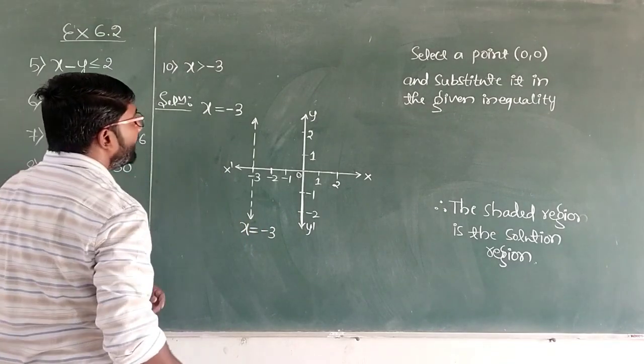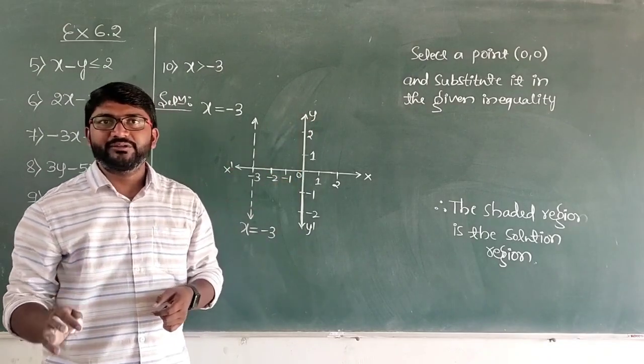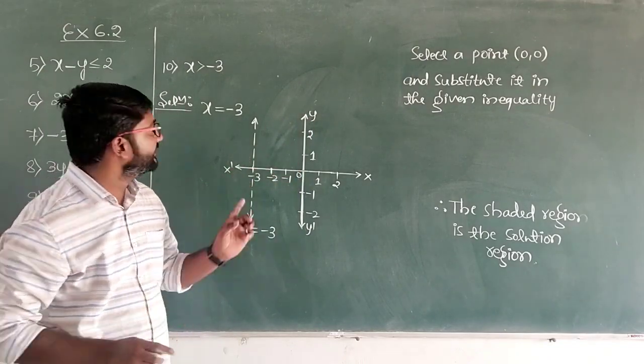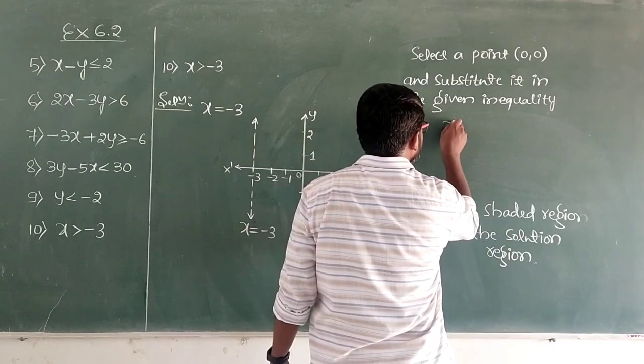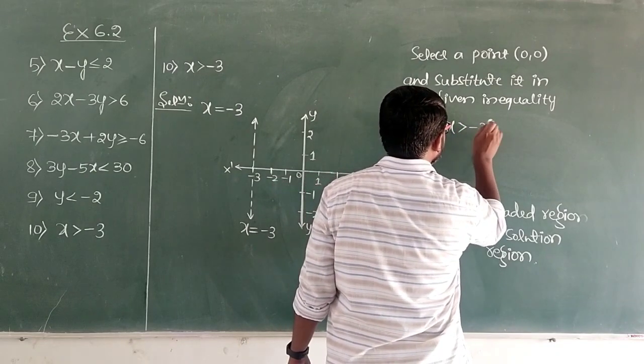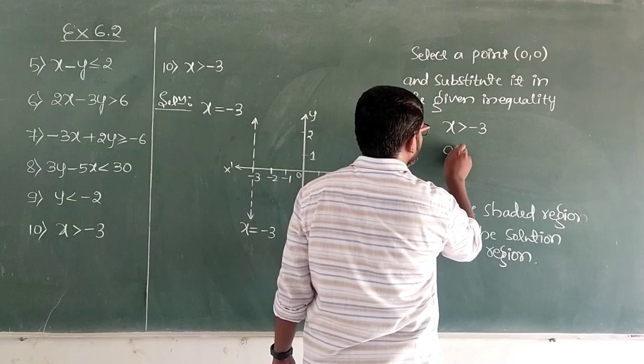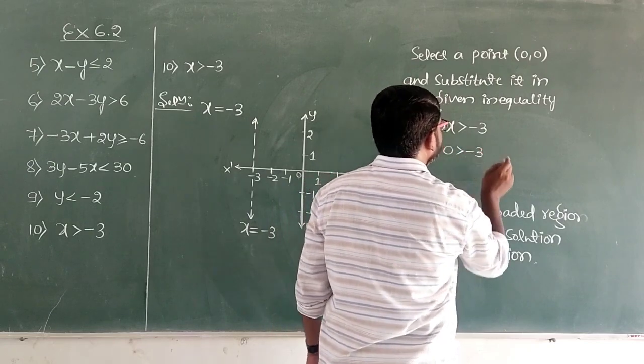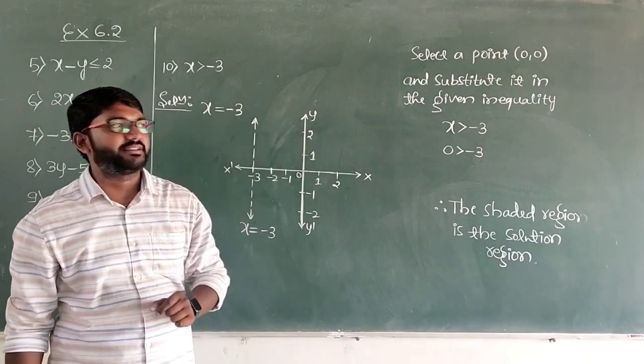Next we have to go for the shading process. Select the point (0, 0) and substitute it in the given inequality x greater than minus 3. So the x value is 0 now: 0 greater than minus 3. Yes, 0 is always greater than minus 3, which is true.